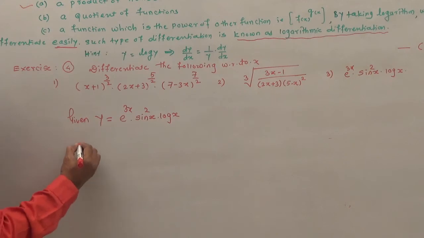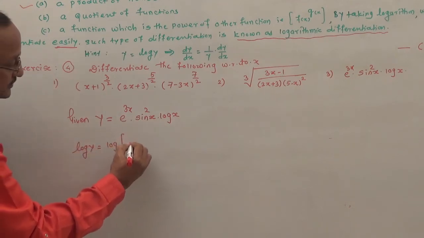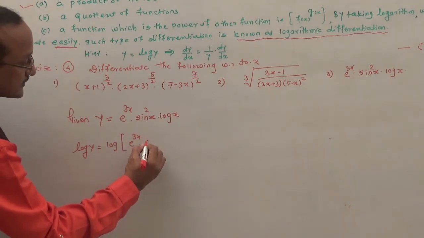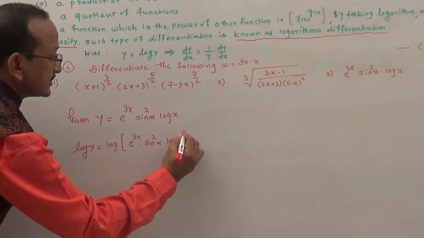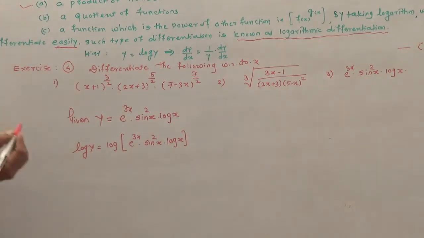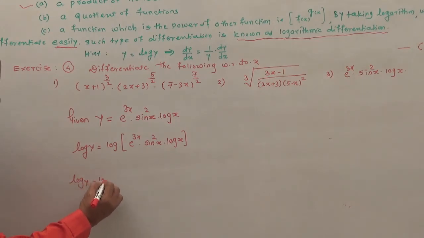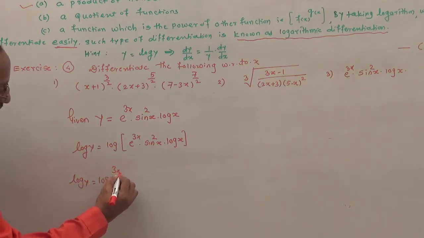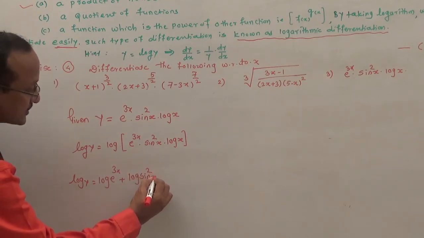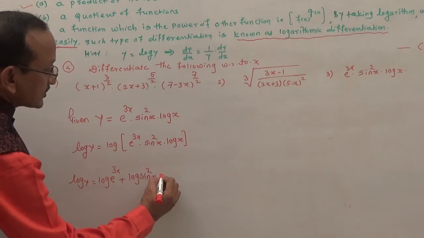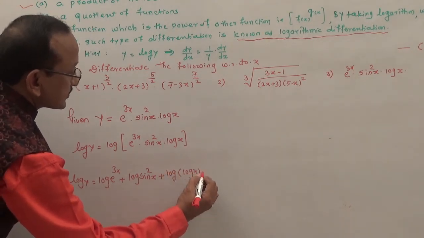Now taking log on both the sides, so it is log of e raised to power 3x sin square x into log of x. Now by applying the formula, log y is equal to log of e raised to power 3x plus log of sin square x plus log of log x.